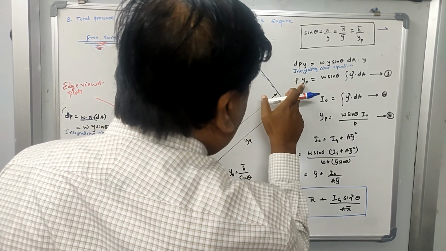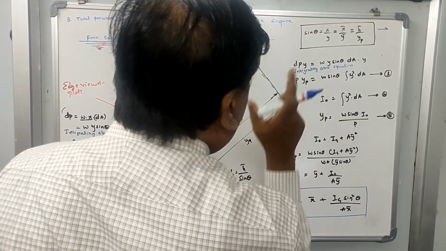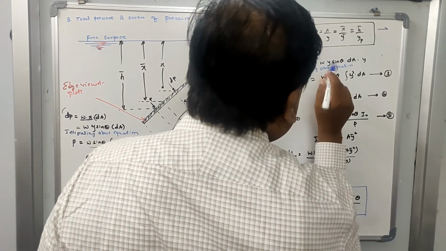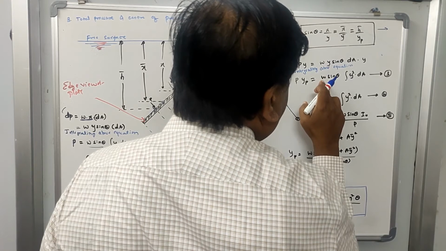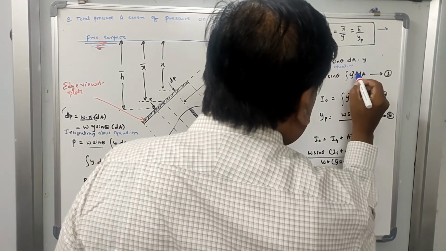P into yp gives you the integration of dP into y, which is equal to W sin theta, which is constant. So you take W sin theta outside the integral sign, and integrate y square dA.